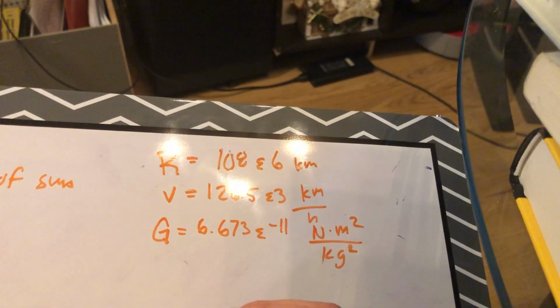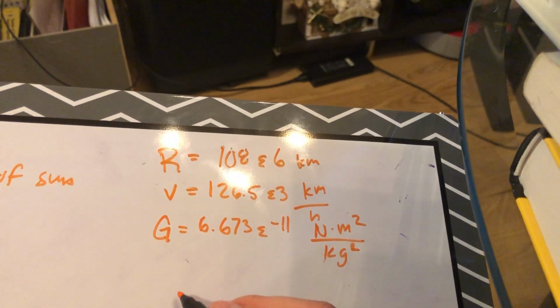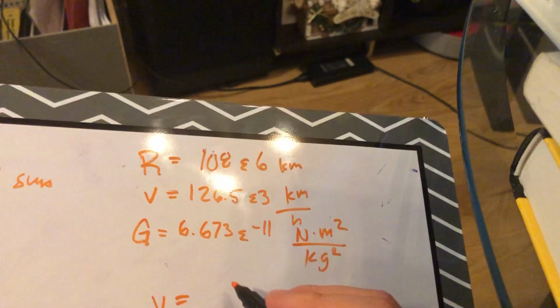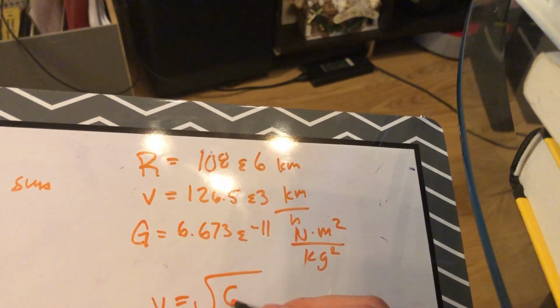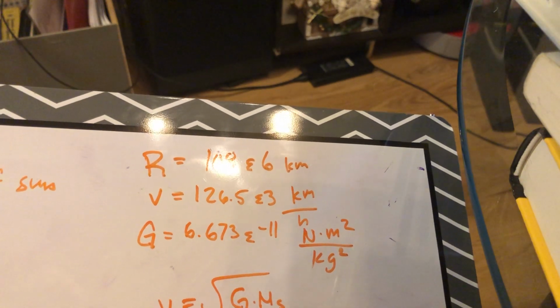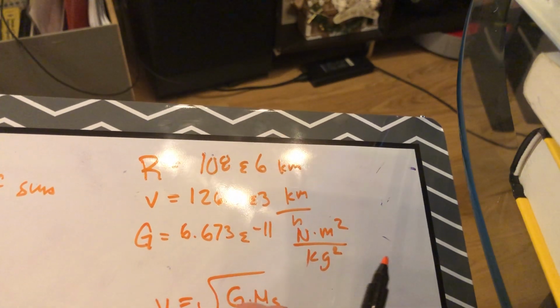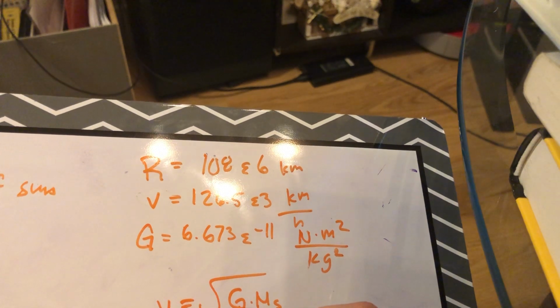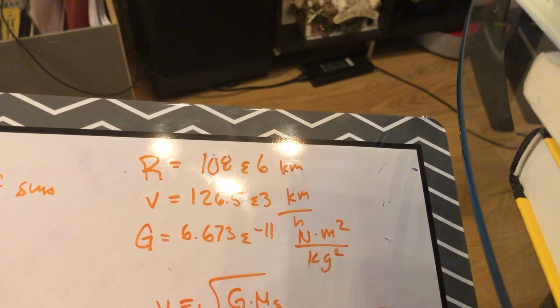The equation we're looking for is, we have an equation that says velocity is related to G, the constant, times the mass of the sun over r.